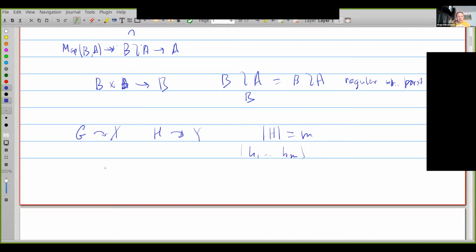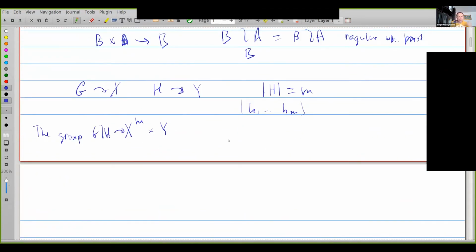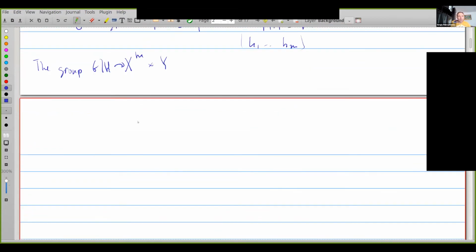Then, if I consider the set X to the power m multiplied by Y, the wreath product naturally acts on this product by a formula which is very similar to the previous action. Let me define how it acts.